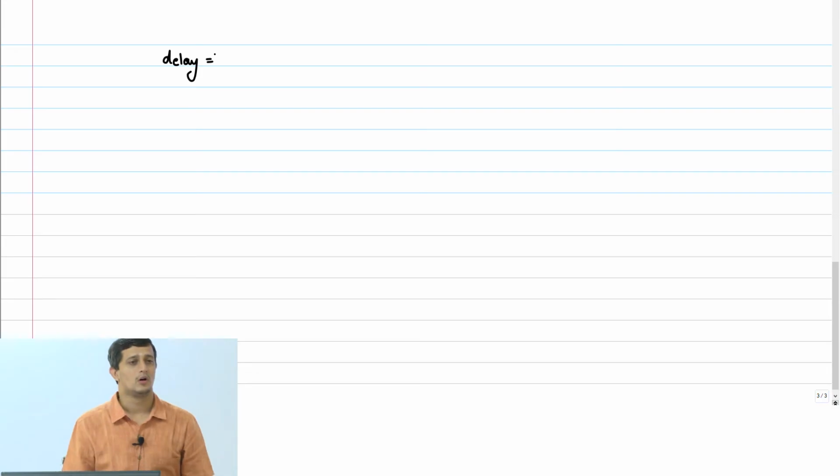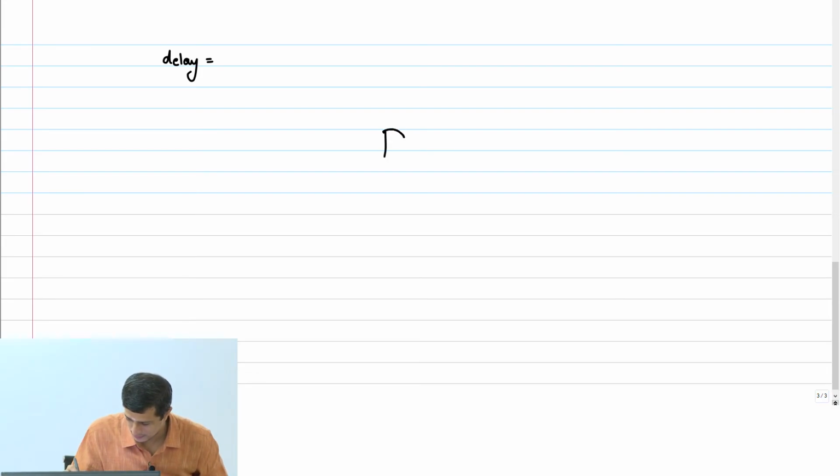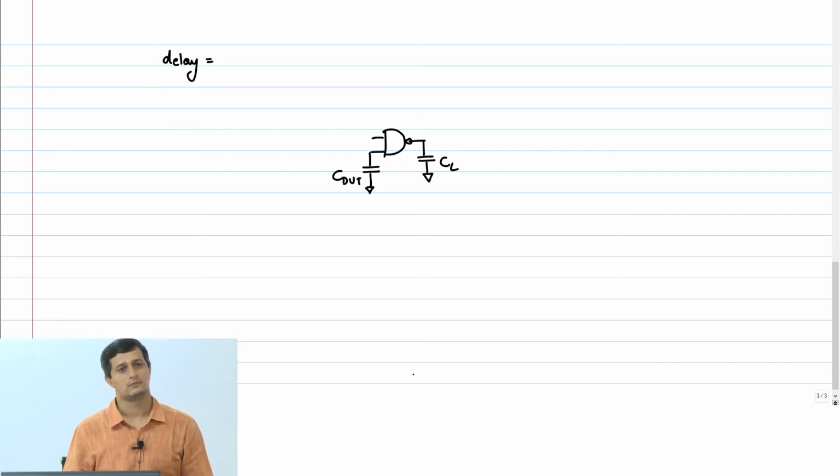So let's just get back to our delay that we talked about yesterday. We said that we had, let's say, some device under test and it was driving a load capacitance CL and its capacitance was C DUT, right?